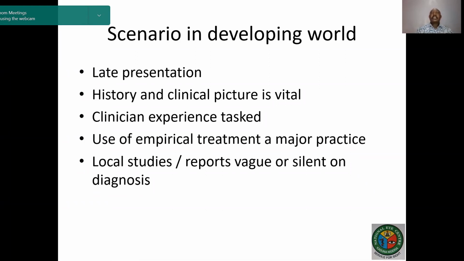History and clinical pictures sometimes are very weird, and these are supposed to be vital for us to be able to adequately diagnose and give a clinical inference as to the ulcer that we are handling. So with this, it creates a lot of tasks for the clinician.